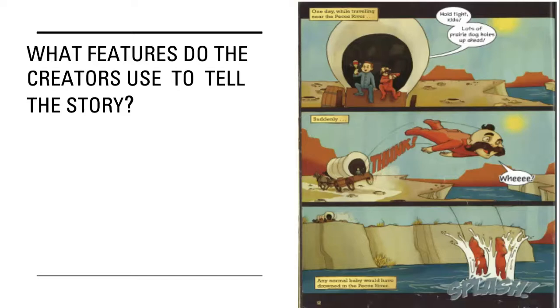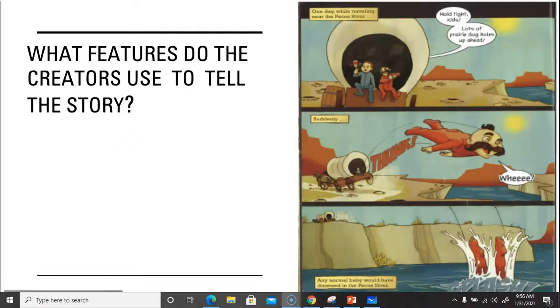So in this case, it'll be the illustrator and the author, and we'll see about any other possible creators later on down the line. So from here on out, during this unit, if I'm talking about the text as a whole, I'll use the word creators.